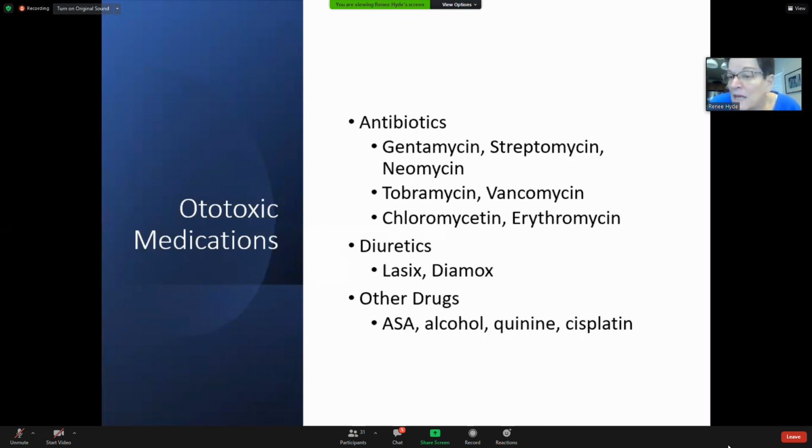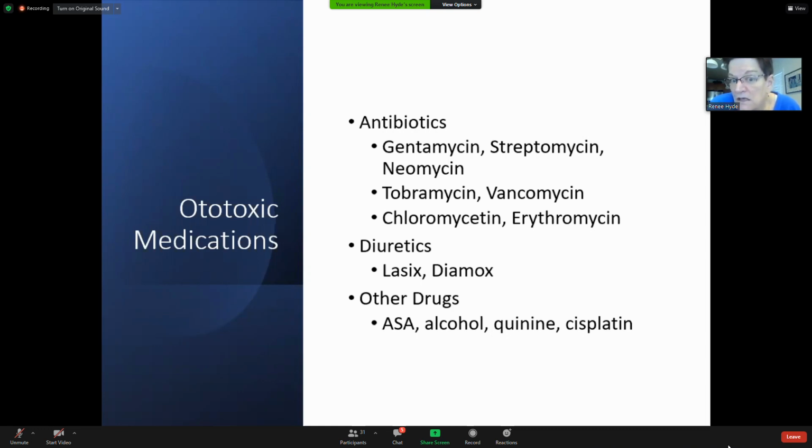And so there are many commonalities between those two sets of organs. So if I have a patient on vancomycin or gentamicin, I'm extremely worried not only about that patient's hearing, but what is their kidney function?